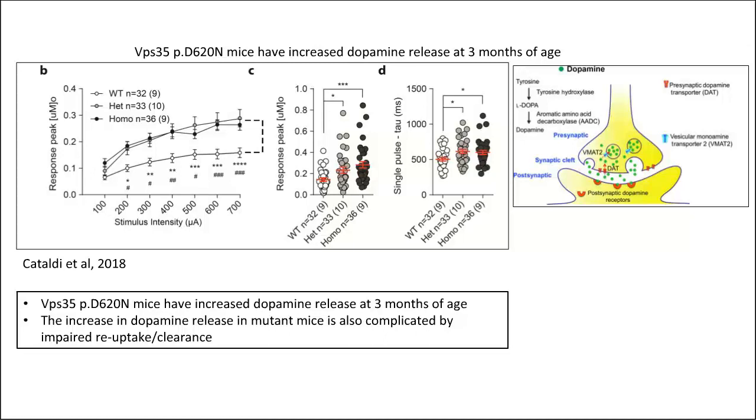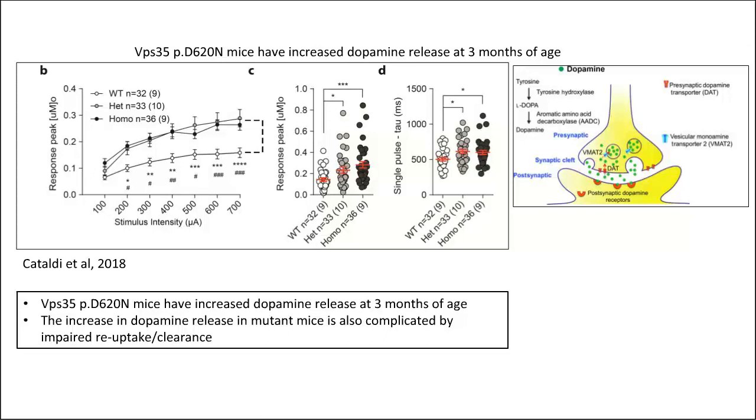However, what was quite remarkable was that when we looked at our heterozygous, so a single copy of the mutation, or homozygous, 2 copies, we found that there was almost double the dopamine being released. And that's quite phenomenal, because it again speaks to the importance of modeling the disease progression in these mice. And this is also quantified here, showing this almost stepwise increase in dopamine release.